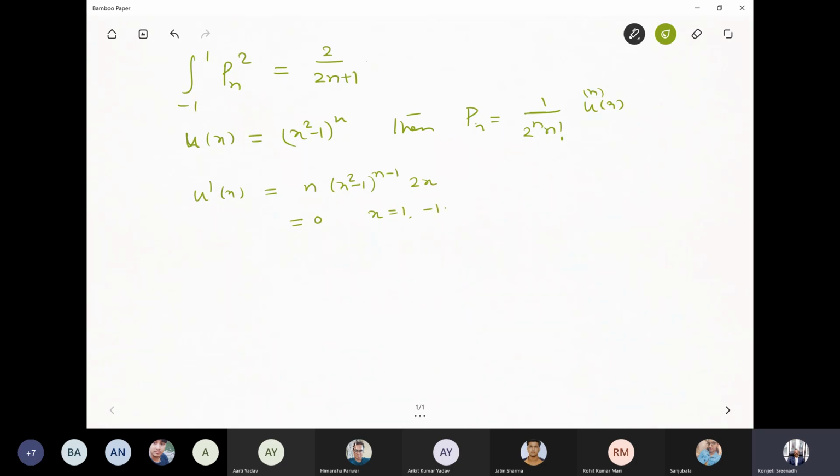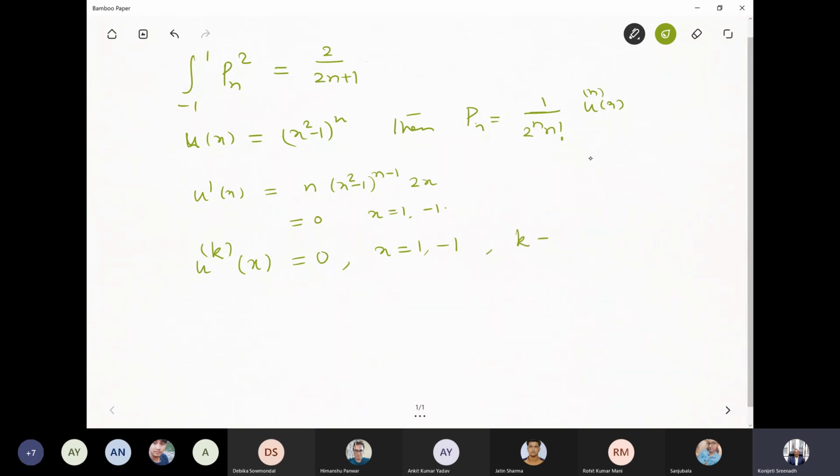Not only that, u double prime also. All the derivatives of this are going to be 0 at x equals 1 and minus 1. Of course, at x equals 0 also it is not, but we are not bothered about that because our integration is from minus 1 to 1. Right?